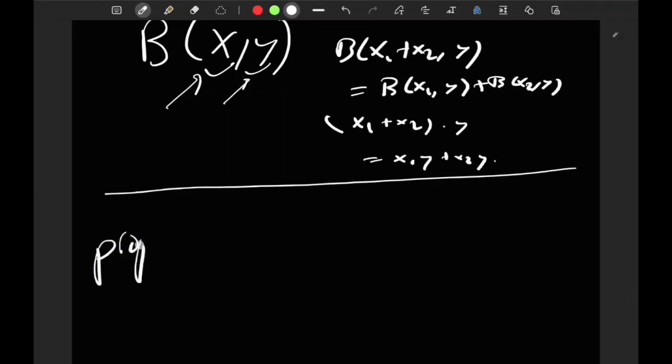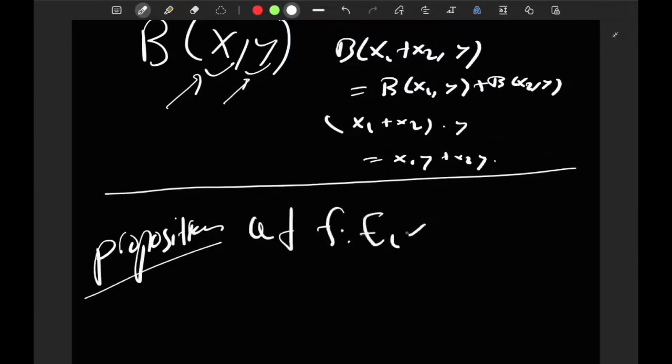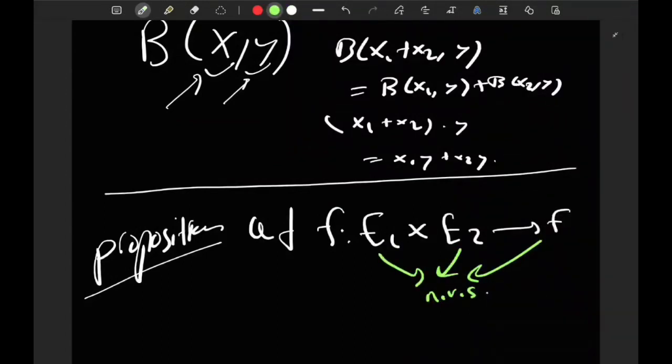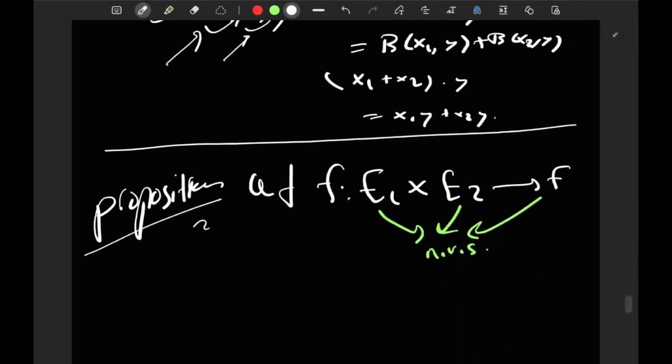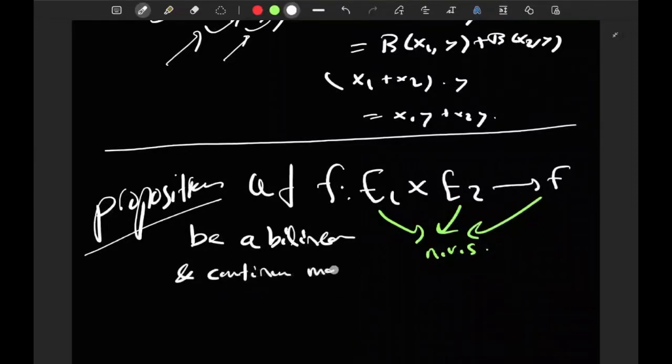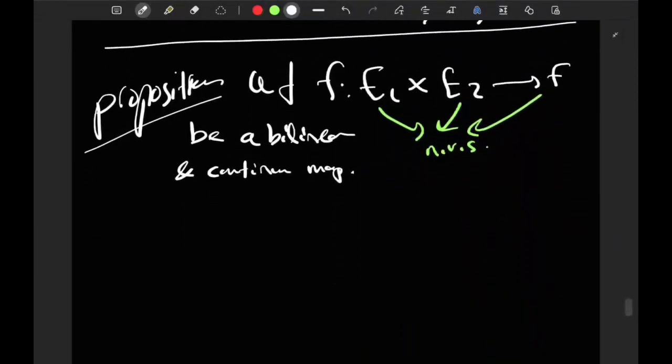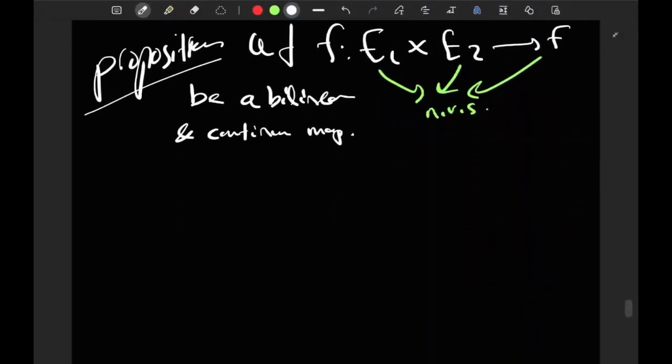Consider f from E1 cross E2 into F, where E1, E2, and F are given normed vector spaces. Let f be a bilinear and continuous map. So assuming that f is bilinear and continuous, now consider two maps.